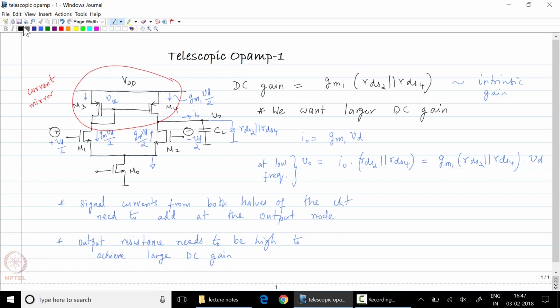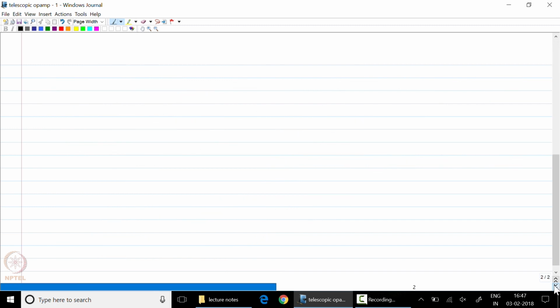We will now try to increase the output resistance of the op-amp. So the first structure that we look at is one that we have seen before.